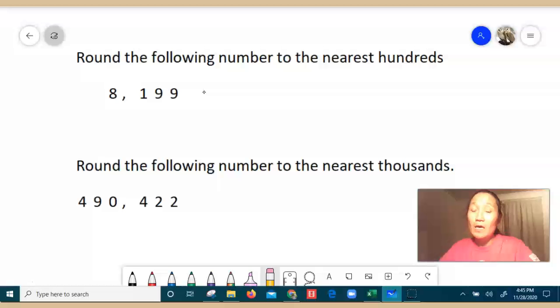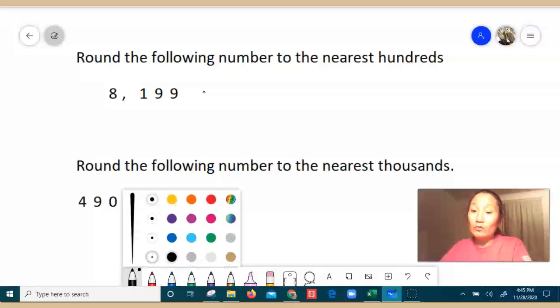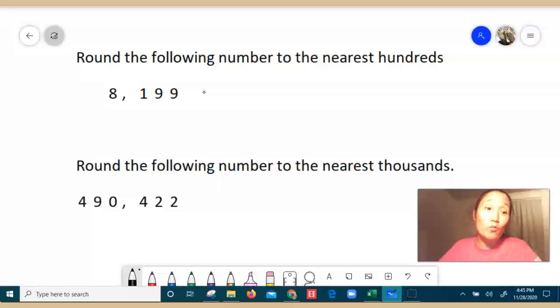Because those are in those particular place values, we need to remember that we have to find which digit is in the hundreds place value. Well, we know that this 9 right here is in the ones. This 9 here is in the tens.